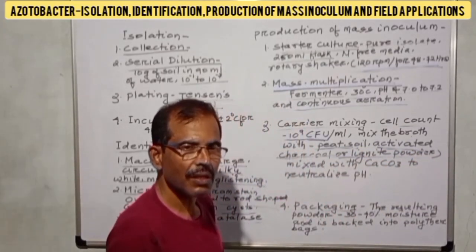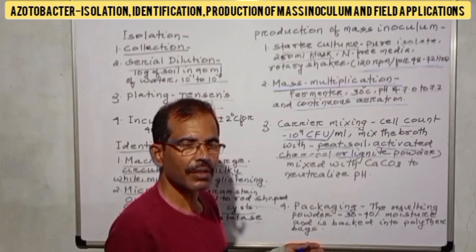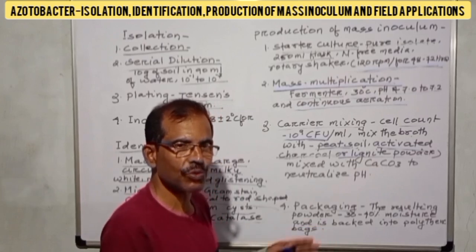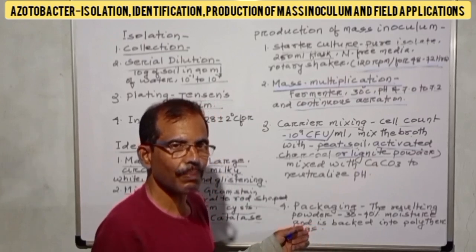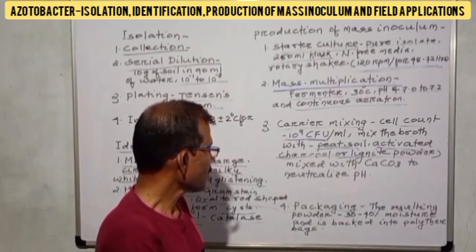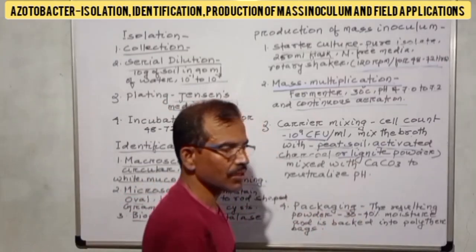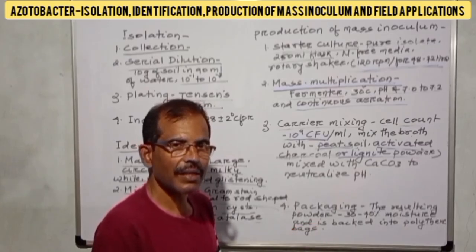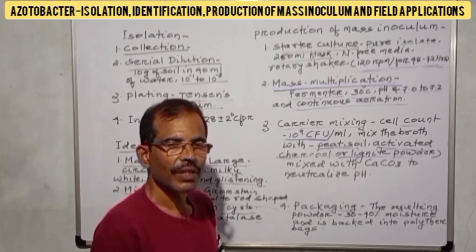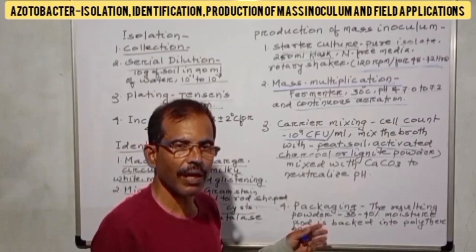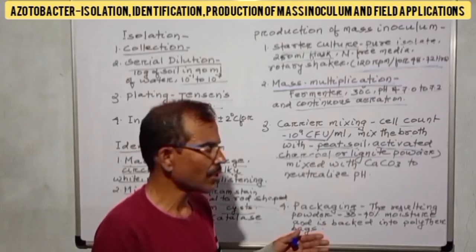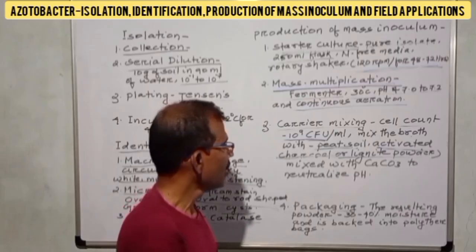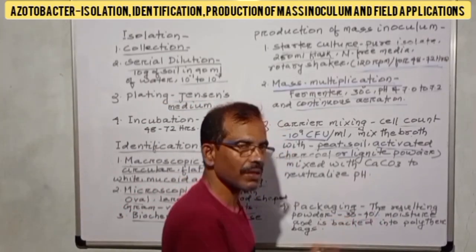In addition, calcium carbonate is also added to this mixture to neutralize the pH. Last step is packaging, for which the resulting powder, which contains the azotobacter cells and the carrier material, is packaged in polythene bag. The powder should have a moisture level that is 30 to 40%.